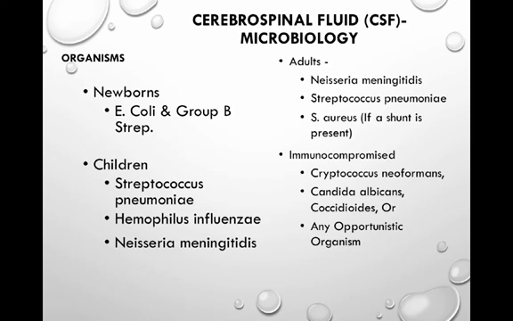So here's a list of organisms that are common causes of meningitis in newborns, children, adults, and immunocompromised patient populations. So these are some of the things that might culture up for you. E. coli, group B strep in newborns.